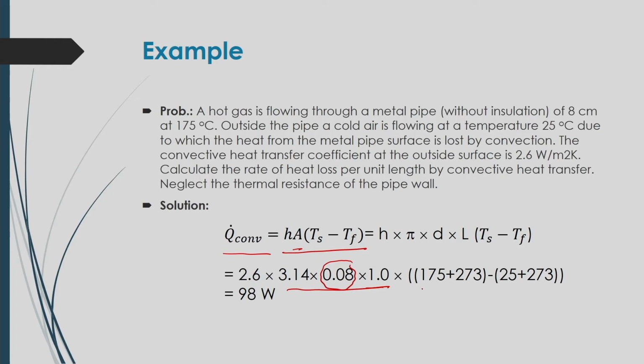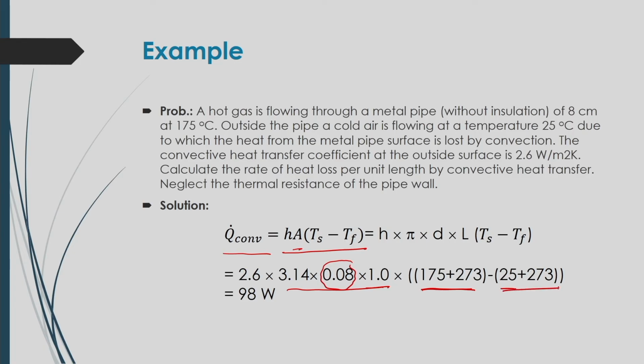And Ts here, the inside hot gas temperature, is 175 degrees Celsius. We are assuming that the surface of the pipe will have that same temperature of 175 degrees Celsius, and in this case, in Kelvin unit, it will be 175 plus 273. Similarly, the outside temperature of this pipe will be 25 degrees Celsius as per your problem.